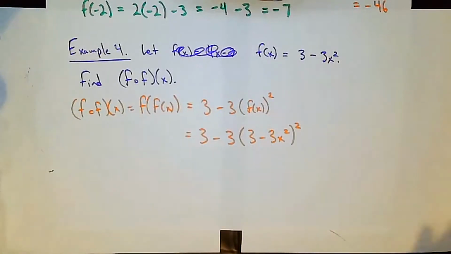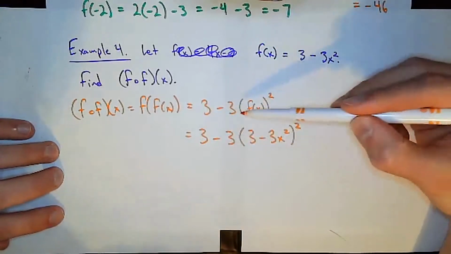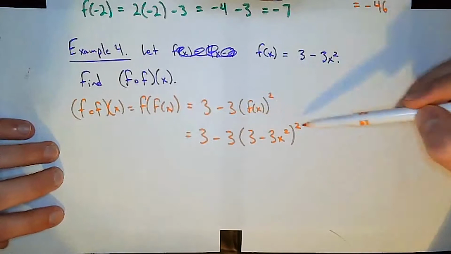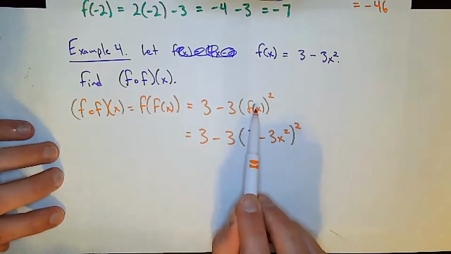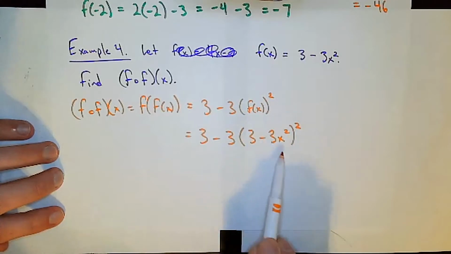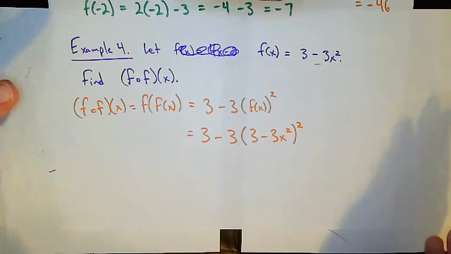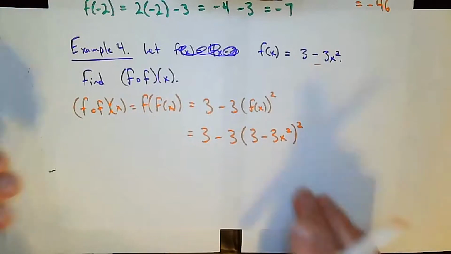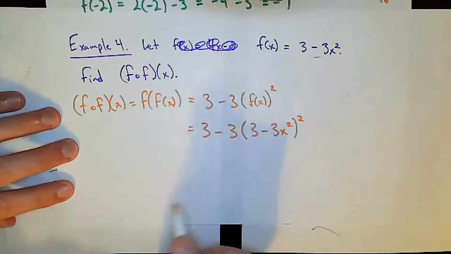So pause the video if you need to, but look, all that happened is this 3 came down, the minus sign came down, this 3 came down, the square came down, the parentheses came down, and the f of x changed. This f of x turned back into 3 minus 3x squared, which is what it's defined as up here. Now I need to expand this, right, via squaring it, and then I'll multiply in the -3, and then I'll combine like terms.